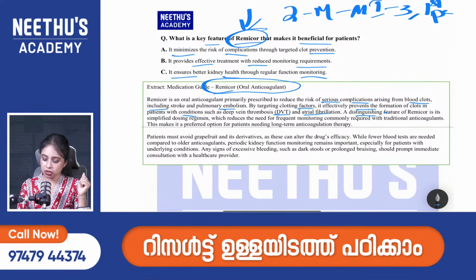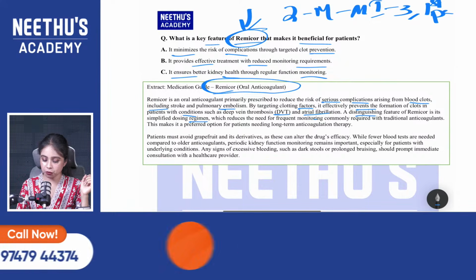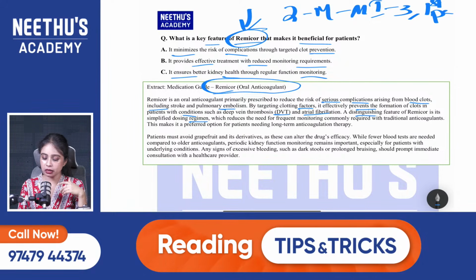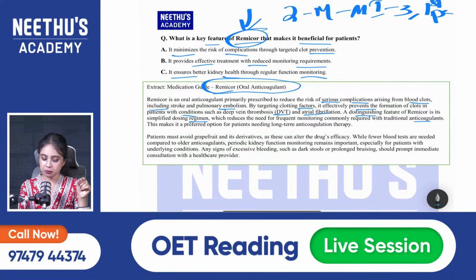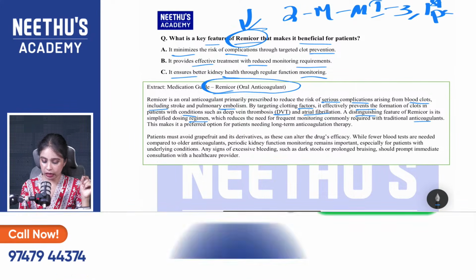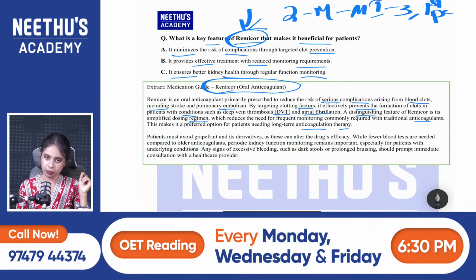A distinguishing feature of Remicor is its simplified dosing regimen, which reduces the need for frequent monitoring commonly required with traditional anticoagulants. This makes it a preferred option for patients needing long-term anticoagulation therapy.